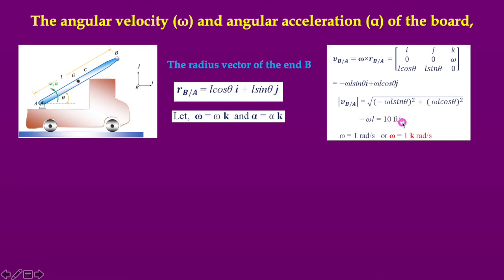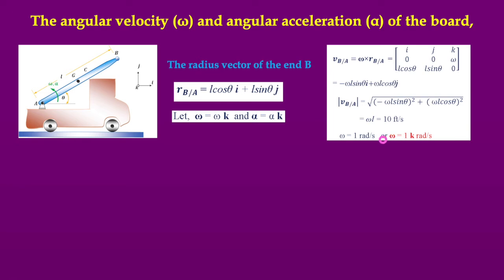This 10 feet per second value is given data, and L is also given. So from this equation we can get the value of omega, and that is calculated as 1 radian per second, because the length L is 10 feet.